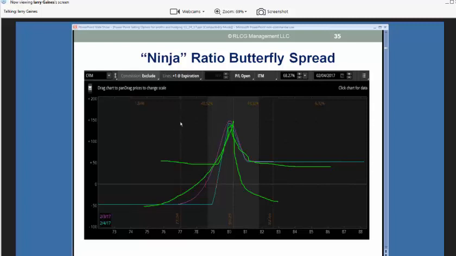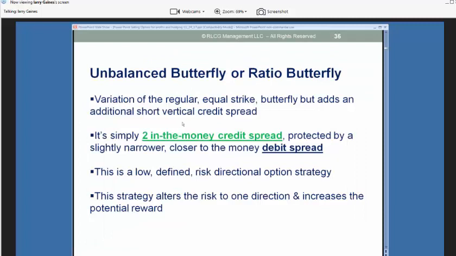So it's a variation of an equal strike butterfly, but it adds an additional short vertical credit spread. It's simply two in the money credit spreads protected by a slightly narrower, closer to the money debit spread.